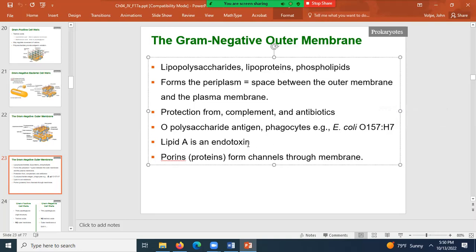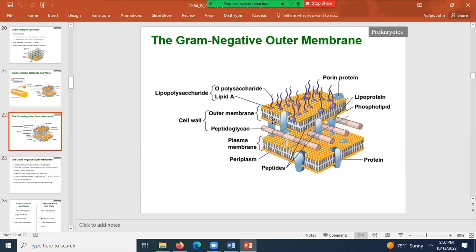And then I did mention that lipid A is an endotoxin. That's something you should know. This lipid A is an endotoxin. So any patient that has a gram-negative infection, if that gram-negative bacteria has a cell wall, they'll have lipid A in the cell wall, which is an endotoxin.